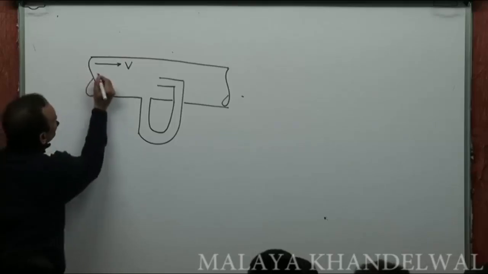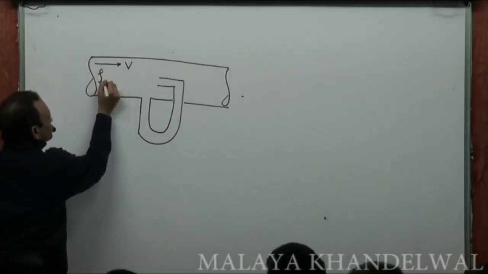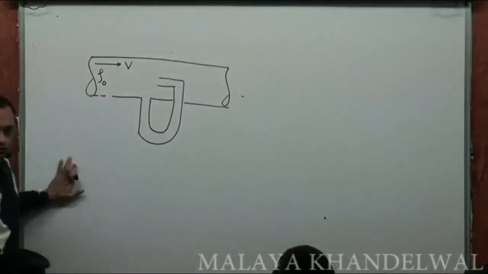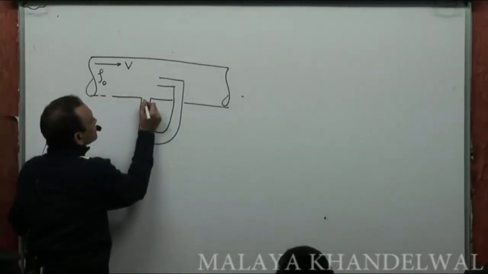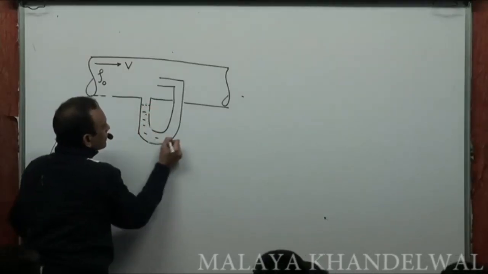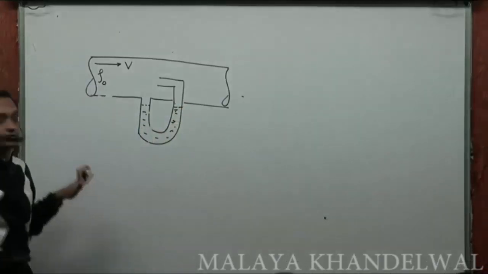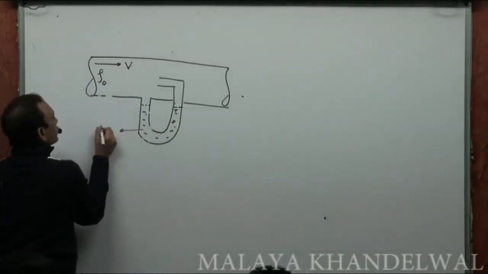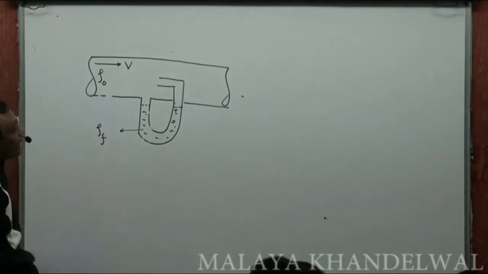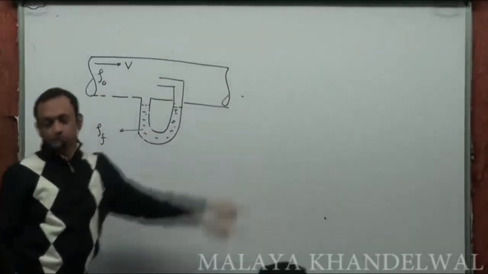There is a fluid of density rho naught flowing through the pipe, and there is a U-tube which contains a certain fluid of density rho f. Now, how does this arrangement help us compute the velocity of fluid through this pipe?